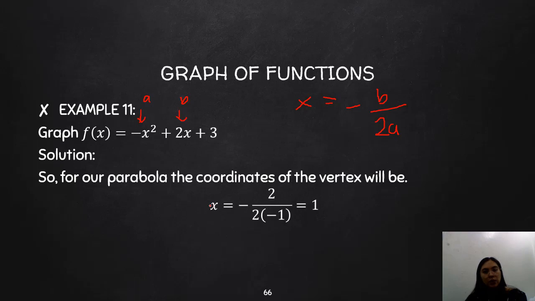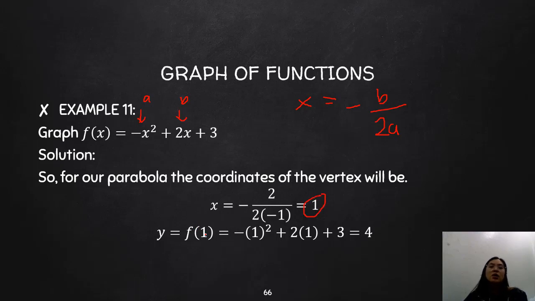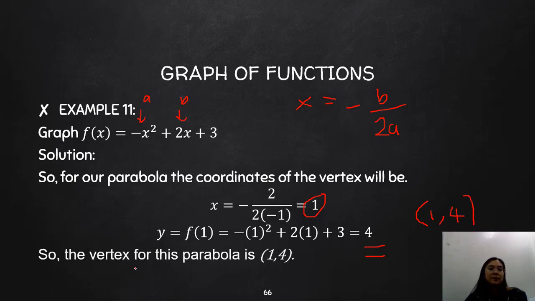So, ibig sabihin, yung x-coordinate mo is 1, and para makuha mo yung y, of course, i-evaluate mo lang yung function at x equal to 1. So, f of 1 is equal to 4. So, ibig sabihin, yung vertex ng parabola mo will be at points 1 and 4. So, x is 1, y is 4.